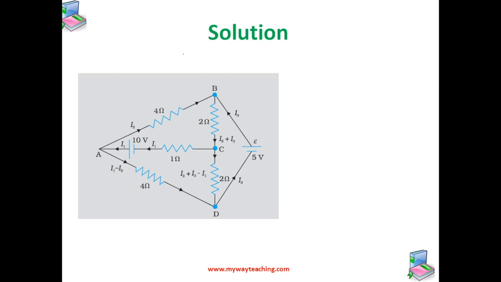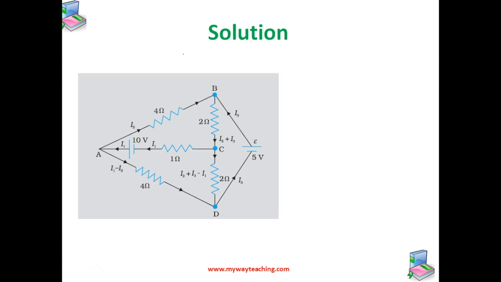In order to reduce the number of unknown currents at the outset, the first rule of Kirchhoff is used at every junction to assign the unknown currents in each branch. We then have three unknown currents, I1, I2 and I3, which can be found by applying the second rule of Kirchhoff to three different closed loops.